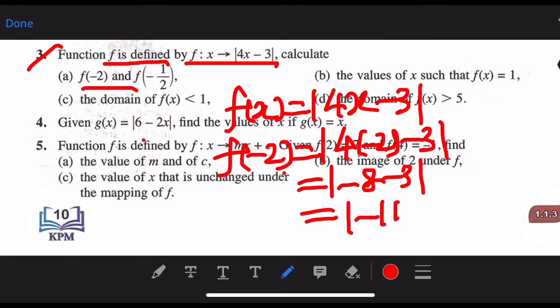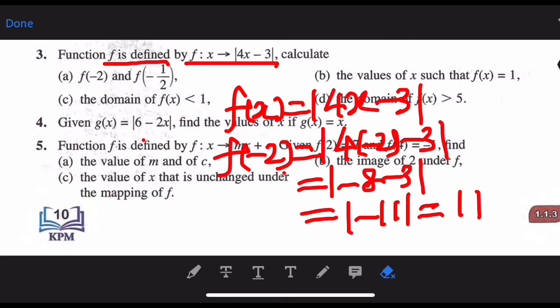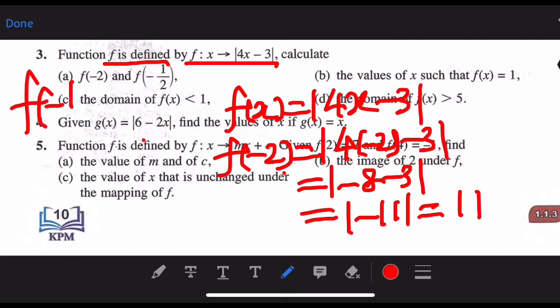So you have modulus of negative 11. For your information, if you have the modulus for any number, it will give you a positive number. Modulus -2, you get 2. Modulus 2, you get 2 also. So modulus will produce a positive number. Now you substitute with the negative half.